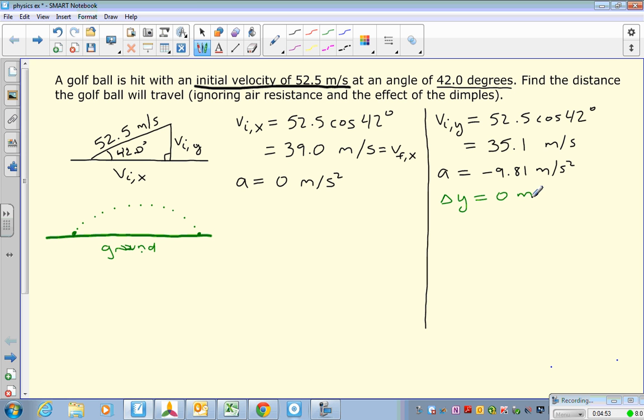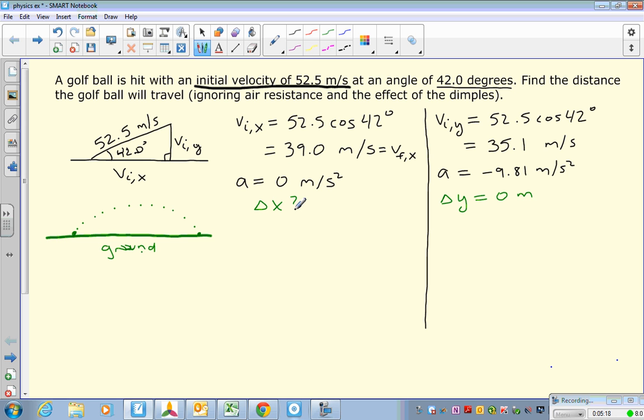The only other thing that I could know in the y direction would be maybe my final velocity, which I don't know anything about. There's no assumption about that. I also don't know the time that it takes for the ball to fall back to the ground. And so I'm missing time, I'm missing final velocity in the y direction, and I'm also missing delta x, which is what we want.